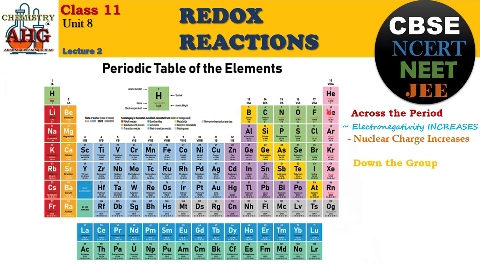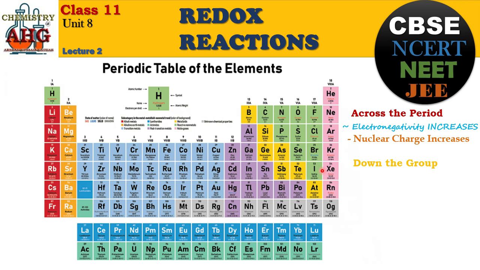Fluorine has 2 shells, chlorine 3 shells, bromine 4 shells, iodine 5 shells. So the distance between the nucleus and the valence shell is minimum in the case of fluorine. That is why fluorine is most electronegative.